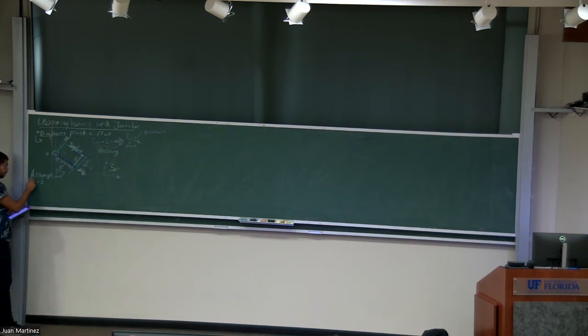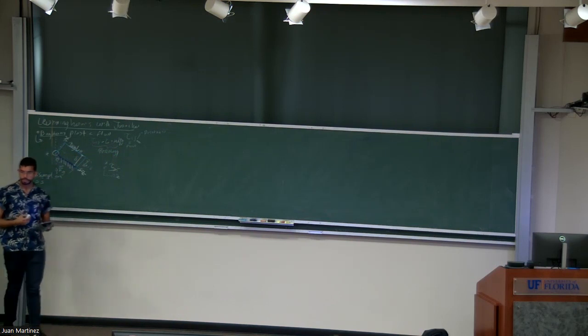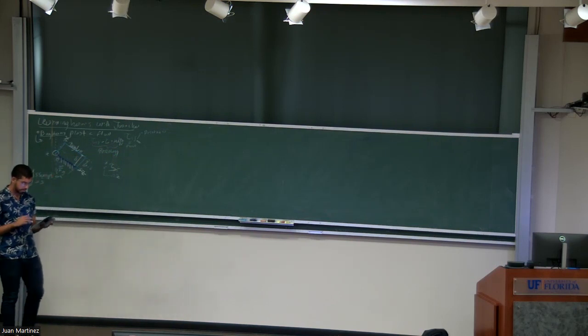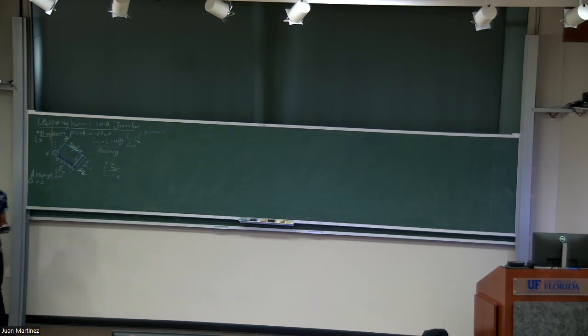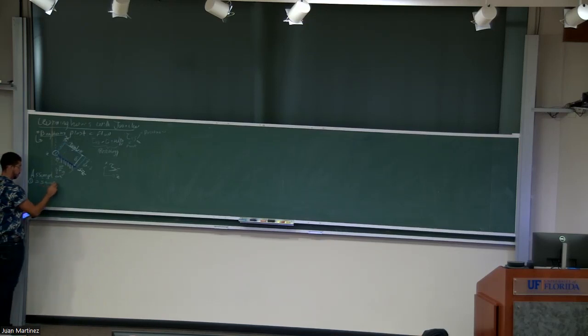So the first assumption is steady state. What does it mean to be in a steady state? That there's no accumulation. Correct. So this is equivalent to saying that accumulation is equal to 0. Great.